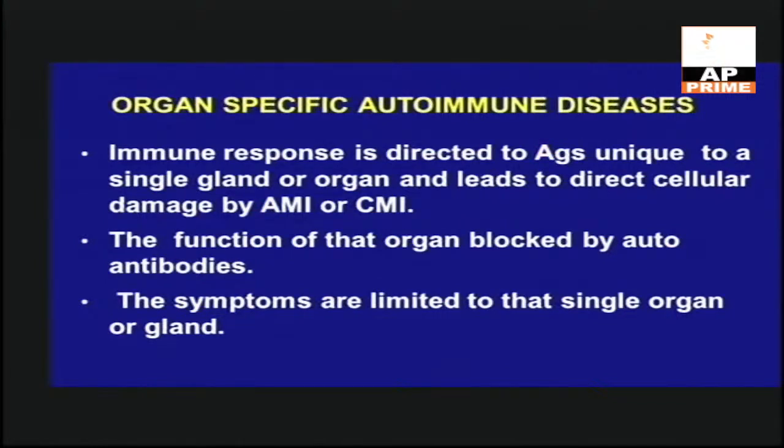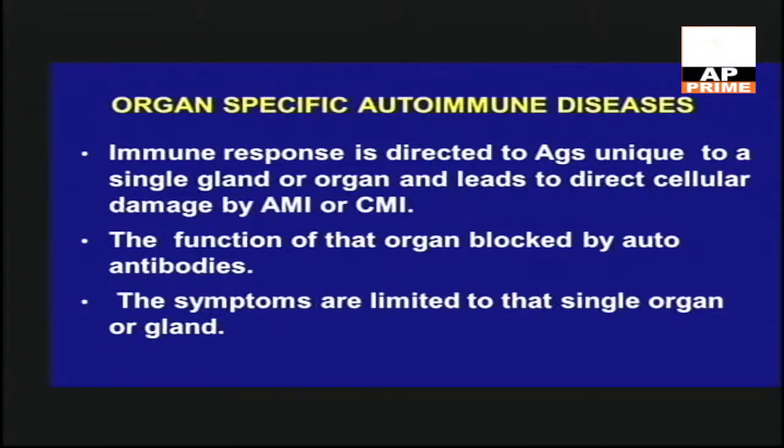Due to this, the function of that organ is blocked because of the autoantibodies, and the symptoms are also limited to that particular organ. Because the antigens involved are related to only a single organ, and the symptoms are restricted to that single organ, these disorders are called organ specific autoimmune diseases.